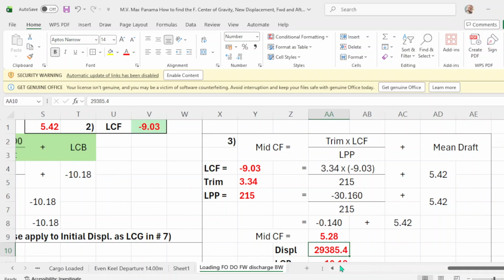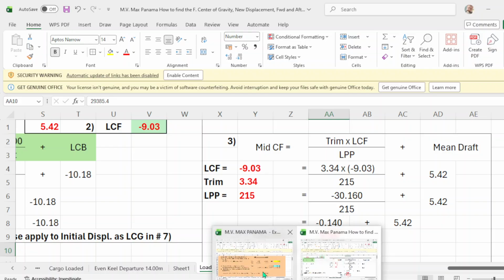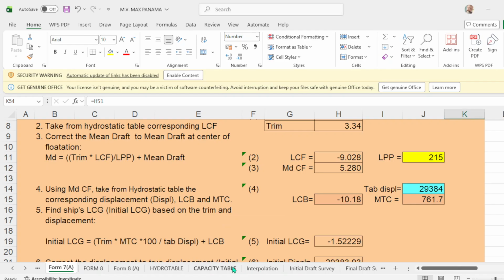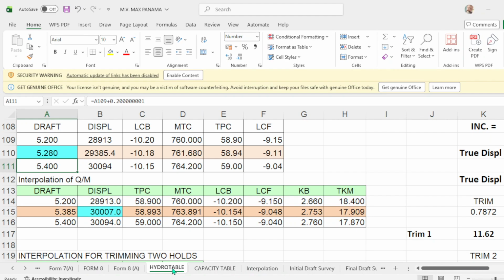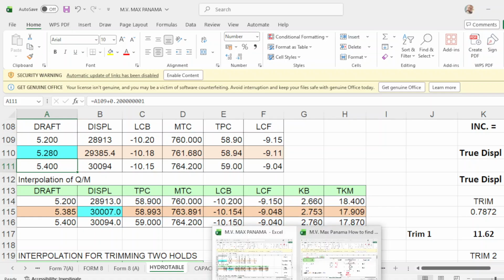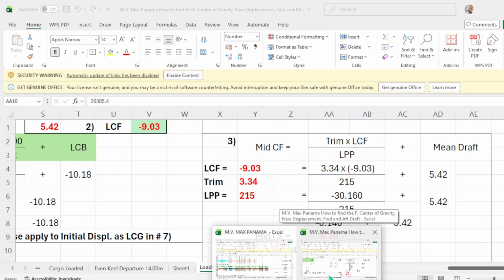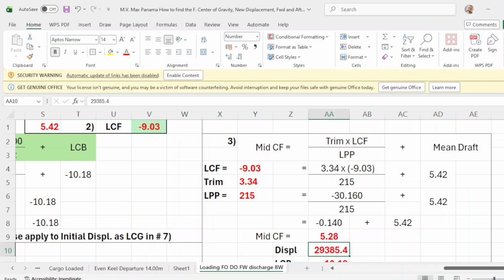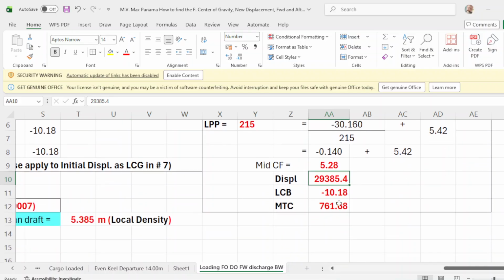Okay, 5.28, the displacement is 29385. Got here. Okay. Then the LCB is negative 10.18. Okay, negative 10.18.